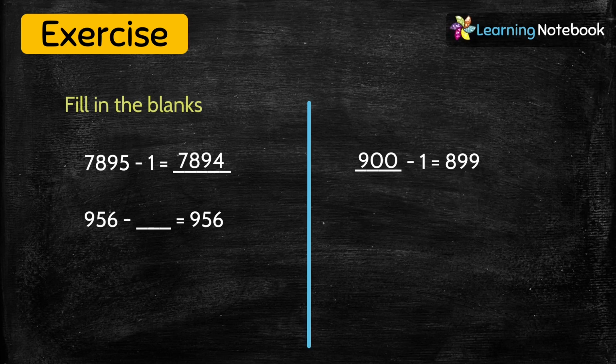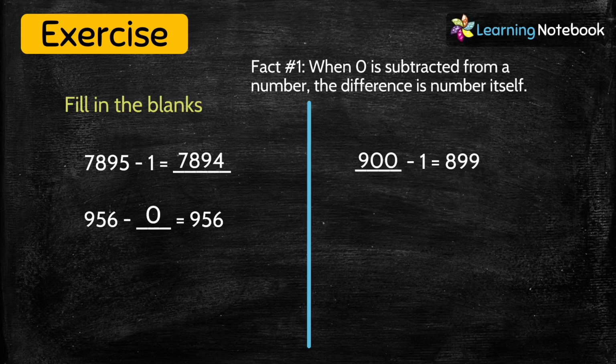So it means what should be subtracted from 956 to get 956 itself? Answer is 0. As we learned in subtraction fact 1, when 0 is subtracted from a number, the difference is the number itself.